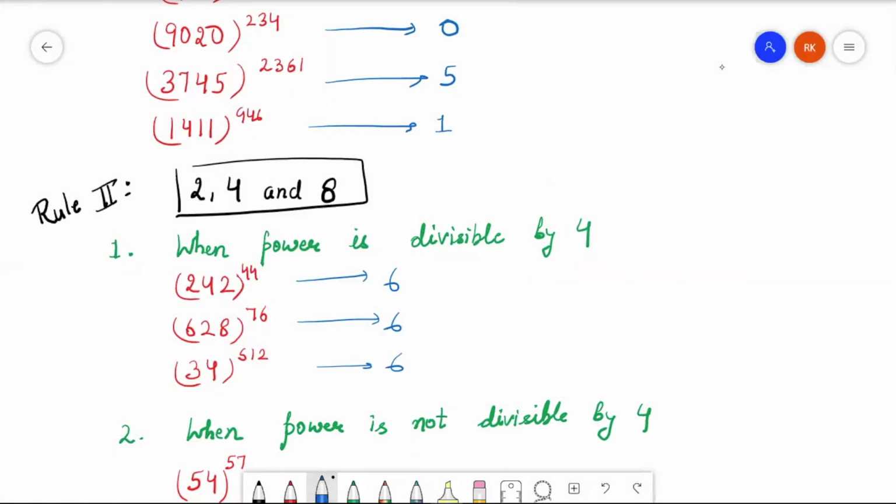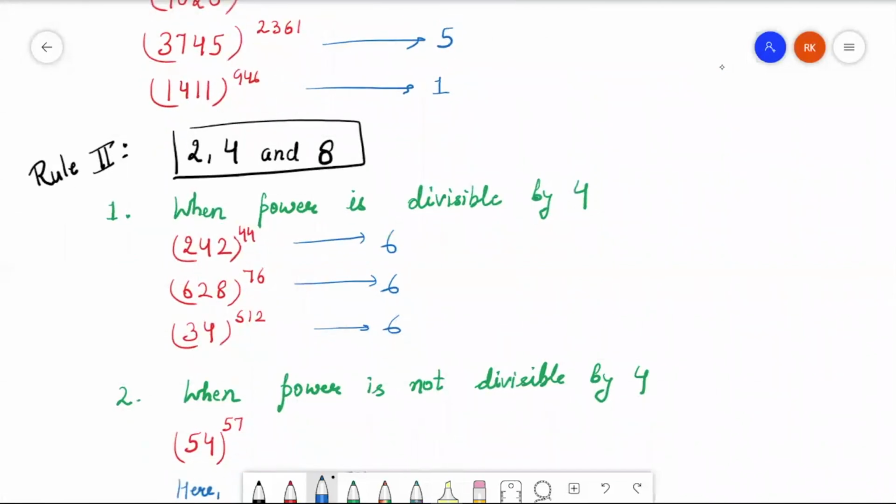Whenever we have 2, 4 or 8 at the unit place of any number and the powers to which they are raised are divisible by 4, then after solving we will get 6 at its units place.